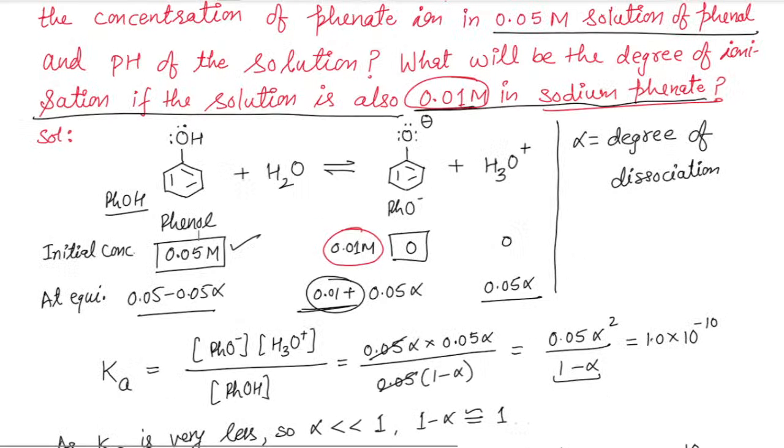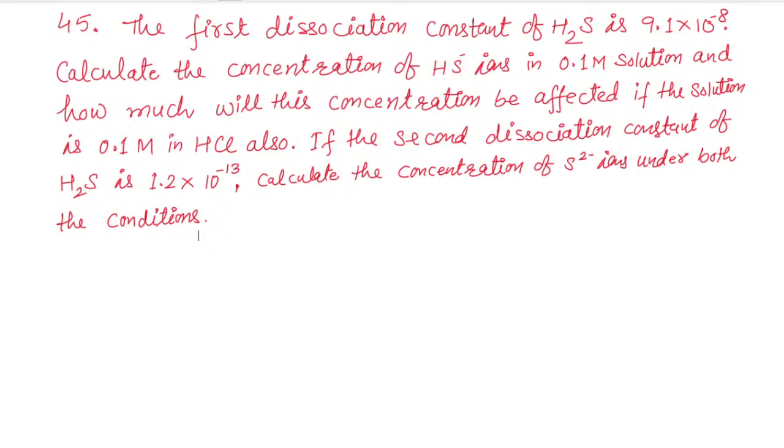So question number 45 now. This is a very lengthy question. See, the first dissociation constant of H2S is 9.1 into 10 raised to power minus 8.